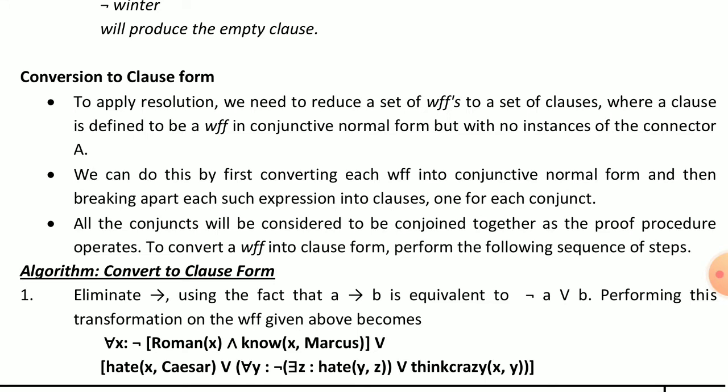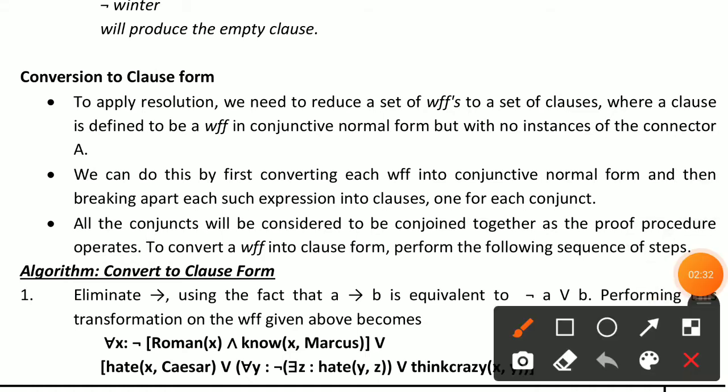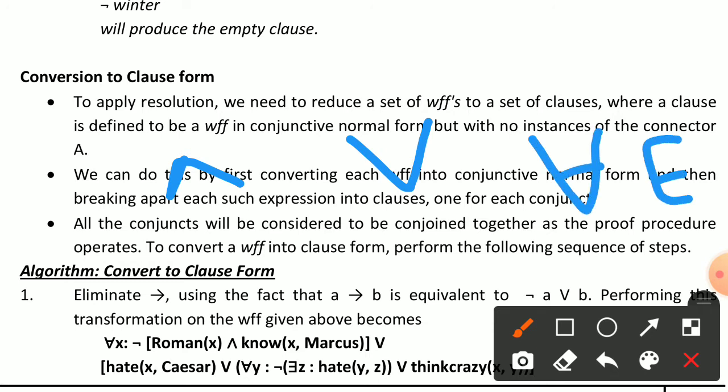And it is Roman, or hate(x, Caesar), or for every y there exists z, hate(y, z), or thinkcrazy(x, y). In this first step, different symbols are used: this symbol for and, this for all, and this symbol is used for there exists.